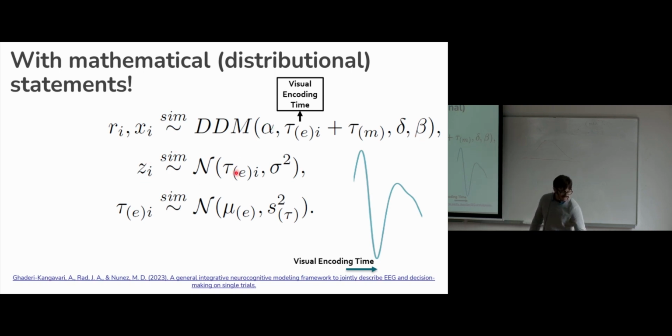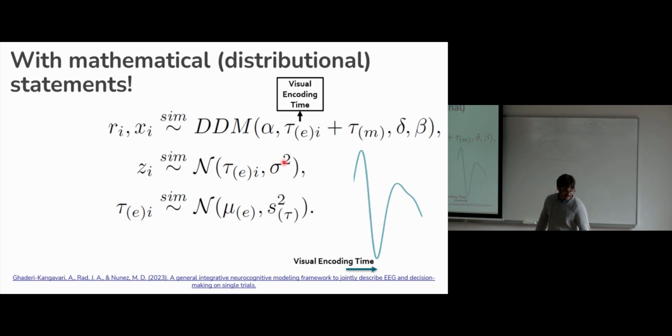But now what's key here is that we have also a normal distribution where embedded in the normal distribution is something that changes by trial. So this is the single trial visual encoding time. It's not something that we can observe, but something that we're assuming exists in the model.